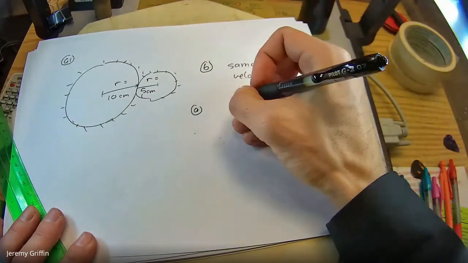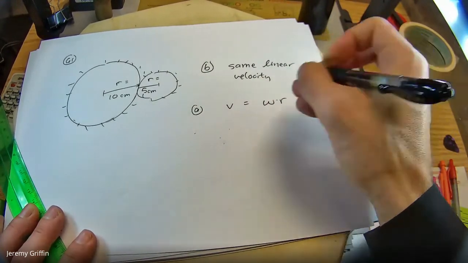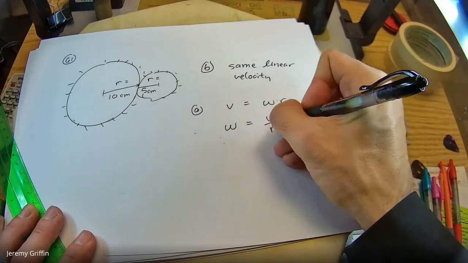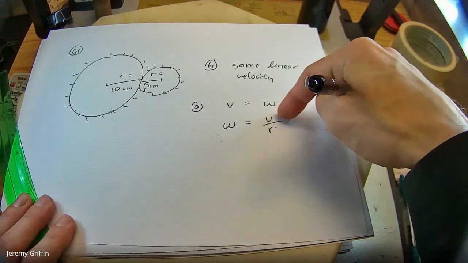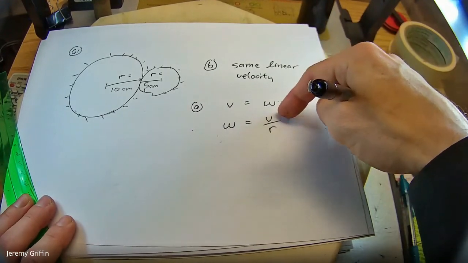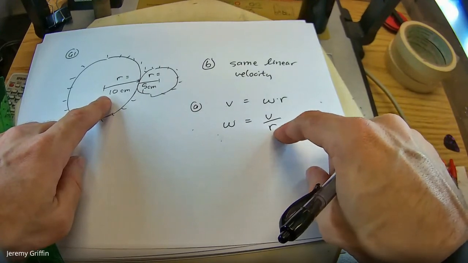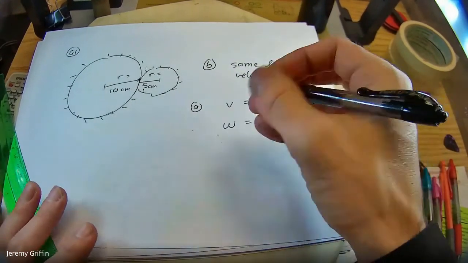But question A has something to do with angular velocity. You guys remember how linear velocity is angular velocity times radial size, or you could switch this around: omega is v divided by r. So if they have the same linear speed at their teeth, then the fact that the big one has twice the radial size, shouldn't it have half the angular velocity?